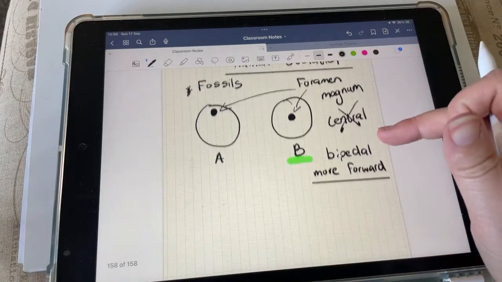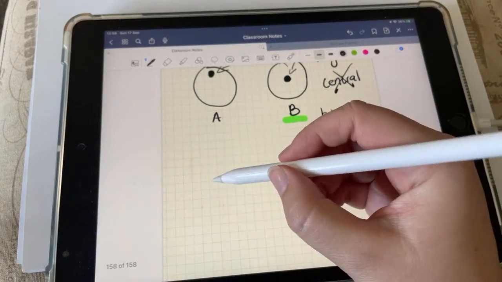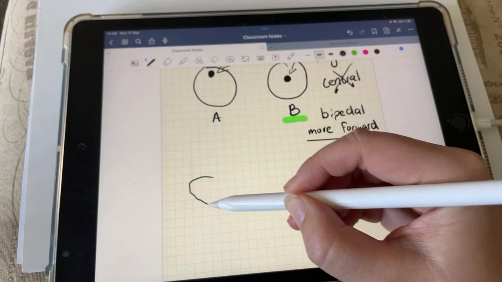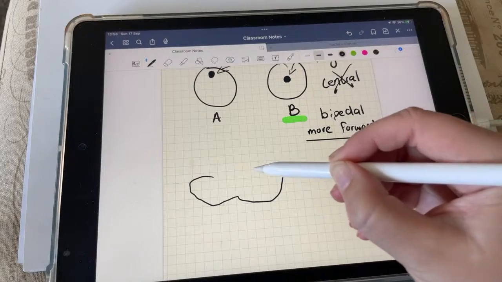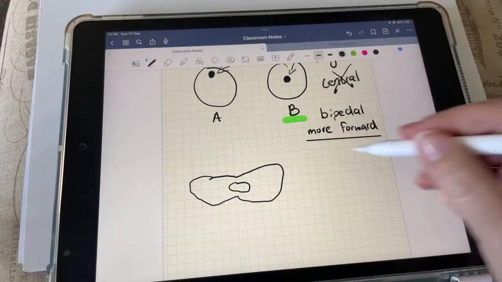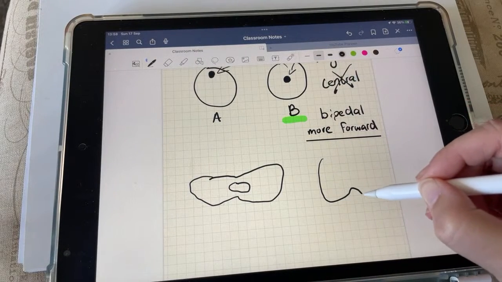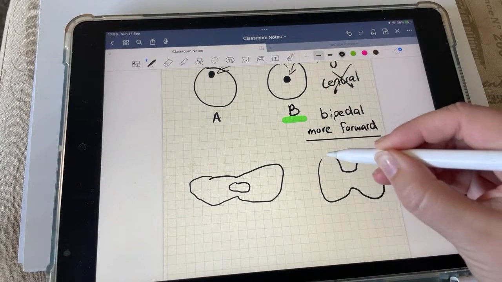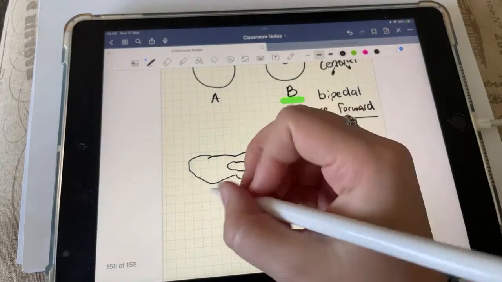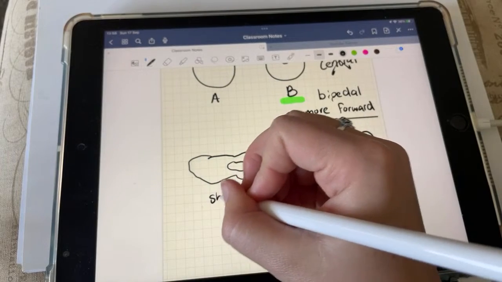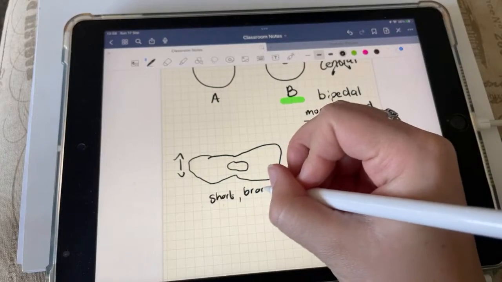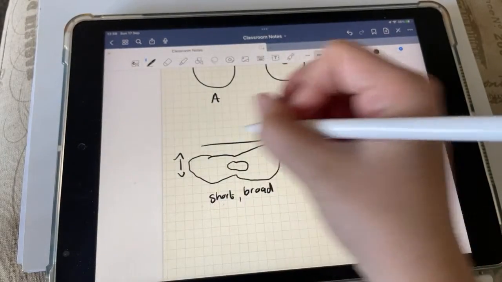Another thing, if they're asking about bipedalism, is the shape of the pelvis. I'm just doing a very generalized shape of a pelvis. So this is the pelvic bone versus this pelvic bone. Obviously, this is not what a pelvis looks like, but I'm trying to show you the difference. This one is short in terms of it's short this way and broad, which means this way.